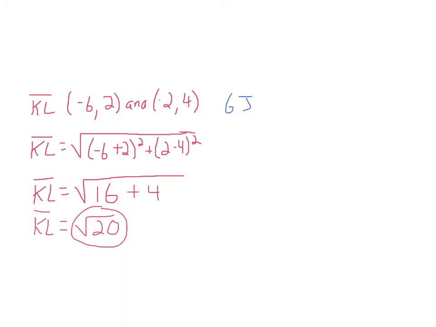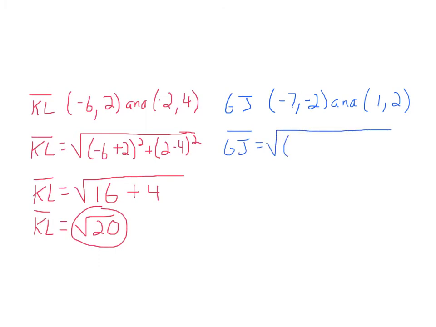Now for GJ, the endpoints were -7, -2, and 1, 2. So the length of GJ is going to be -7 minus 1 squared plus -2 minus 2 squared.